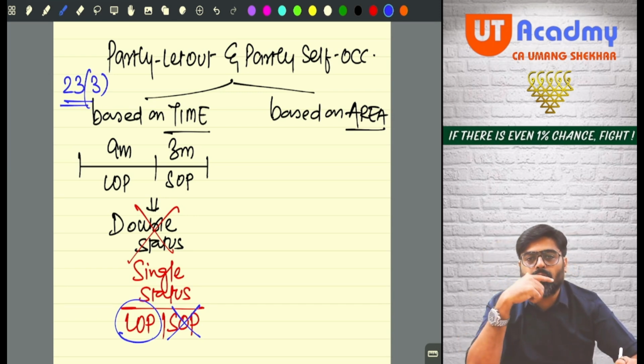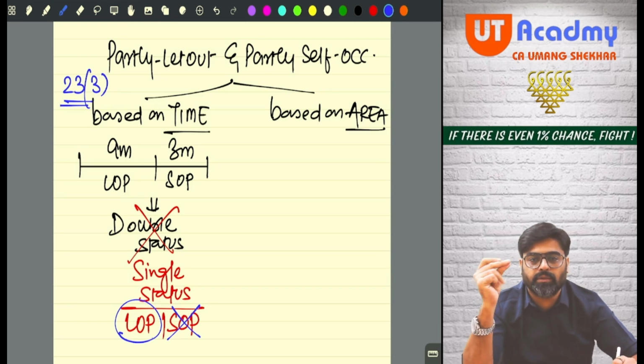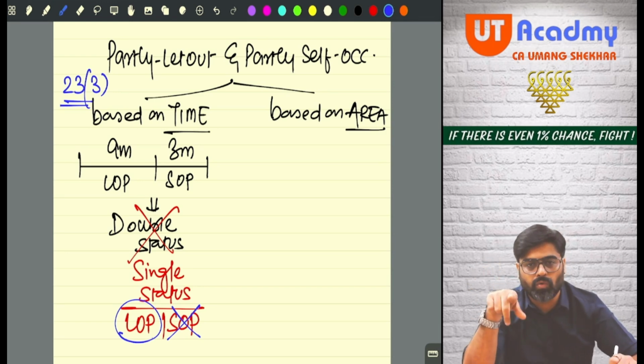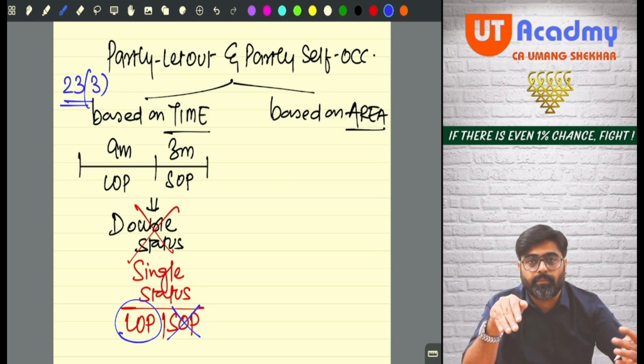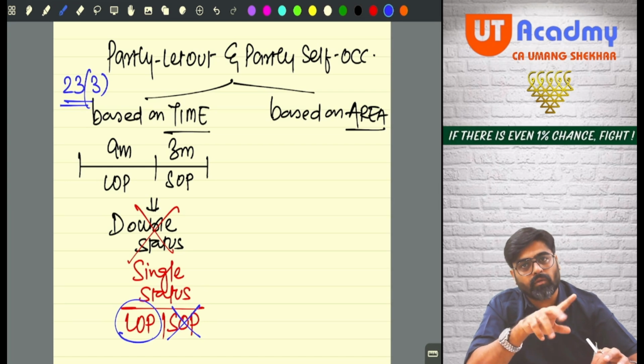Now tell me, what will you do with this property? How will you calculate the annual value? Come on, tell me fast. You know how to calculate annual value of let out property? You know now, municipal value, fair rent, whichever is higher compared with standard rent, whichever is lower will become expected rent.